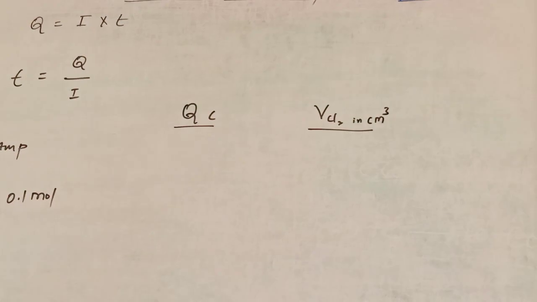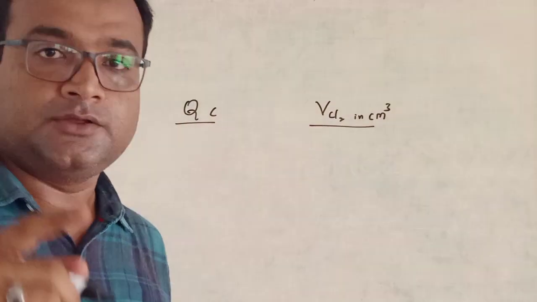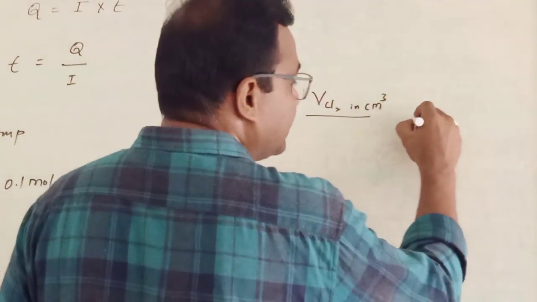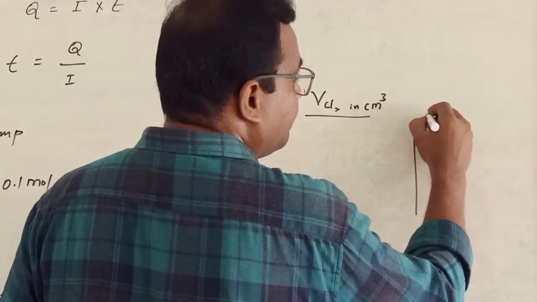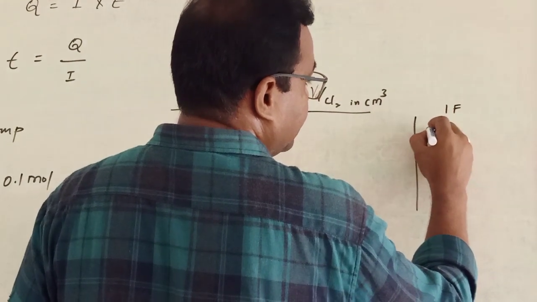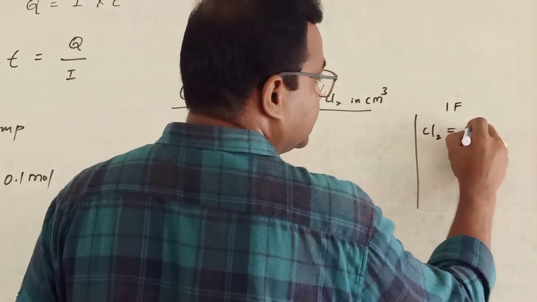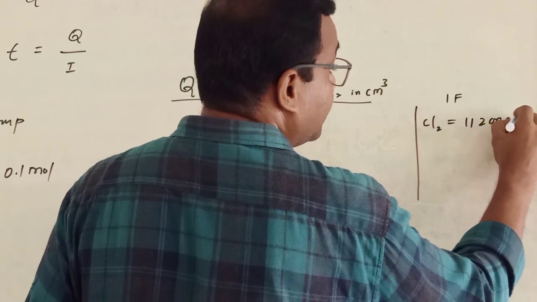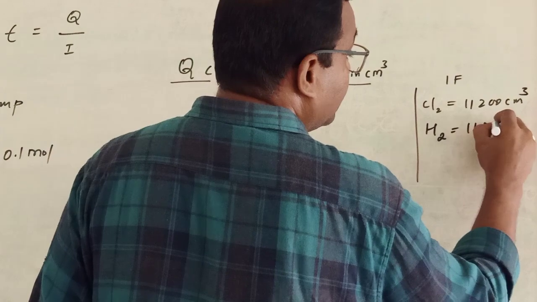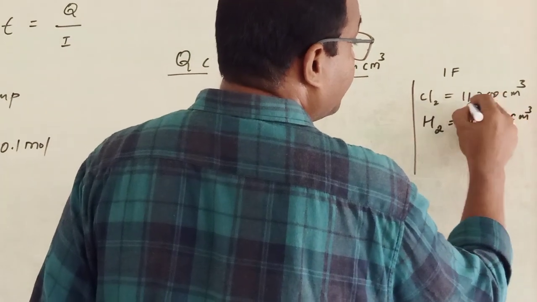We know that for chlorine, you have written the values. Those who have not written, please write them down once again. These are known values. So when 1 Faraday of current flows, chlorine gas must be 11,200 cm cube. Hydrogen gas must be 11,200 cm cube.